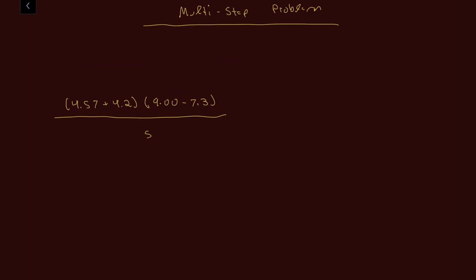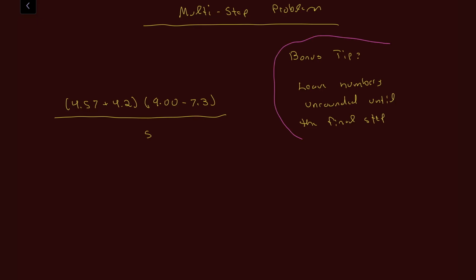Now, let's take what we just learned, combine it, and apply it to one problem in which we have addition, subtraction, multiplication, and division using significant figures. And here's a bonus tip for you. When you're doing multi-step calculations, you actually want to leave your answers unrounded until the very final step. So for example, we know that 4.57 plus 4.2 is actually equal to 8.77.